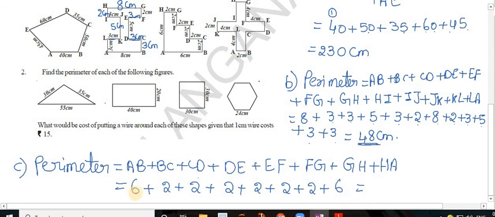Now we will find out. 6 plus 2 8, 8 plus 2 10, 10 plus 2 12, 12 plus 2 14, 14 plus 2 16, 16 plus 2 18, 18 plus 6 24 centimeters.